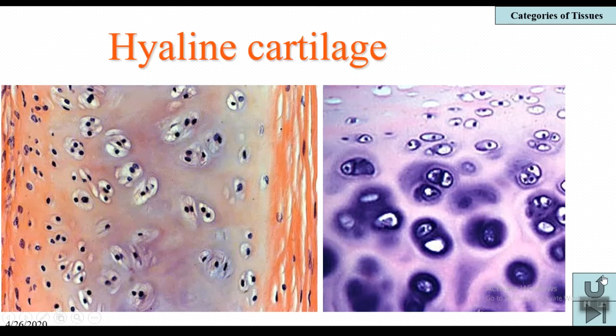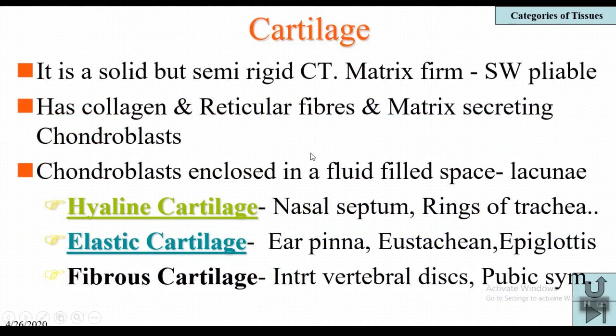It is the major type of cartilage, and it is observed in the nasal septum, rings of trachea, bronchi, costal cartilages, and articular cartilages. All these are made up of hyaline cartilage. It is present in most of the areas.